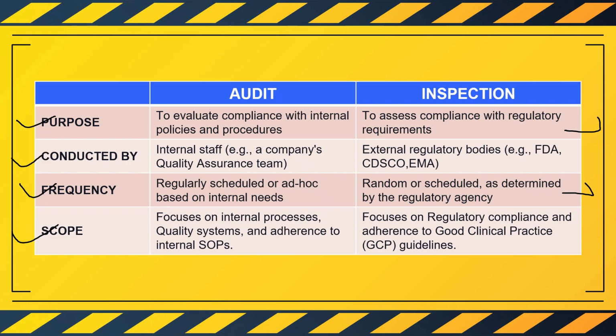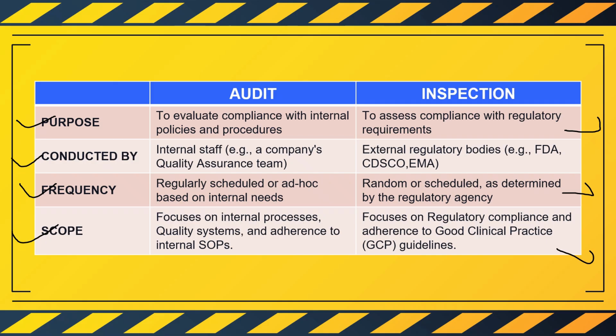But when it comes to inspection, the focus is totally different. Here, the focus is based on regulatory compliance and adherence to good clinical practices also. Whatever the regulations or laws are defined by the regulatory authority in that particular jurisdiction, that particular country, compliance to those regulatory laws would be the focus.